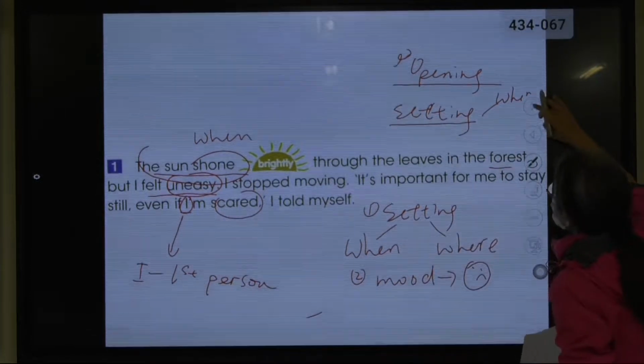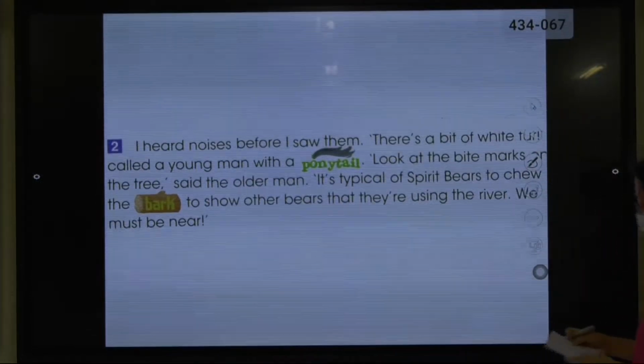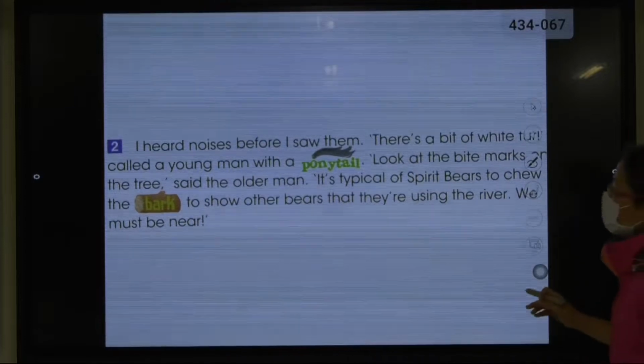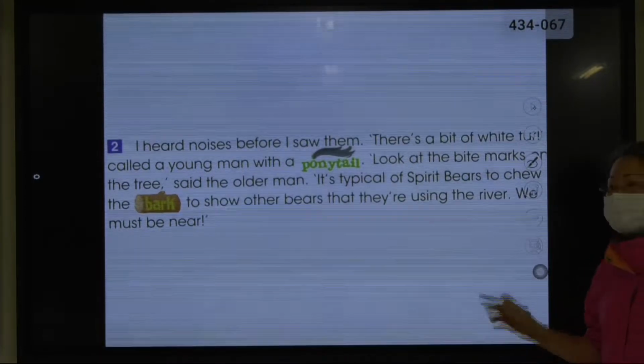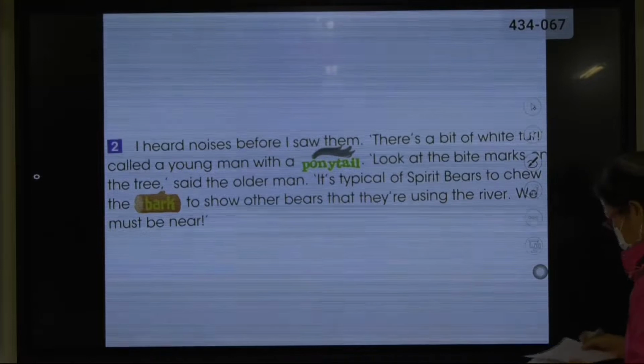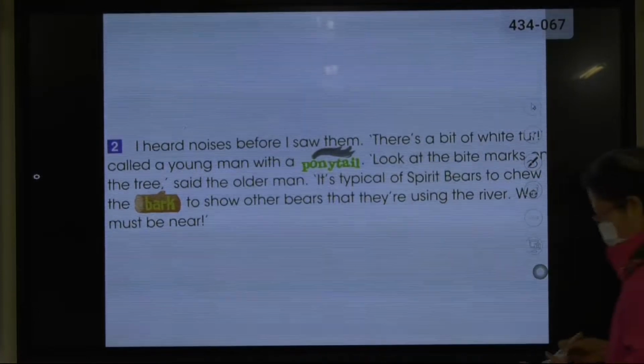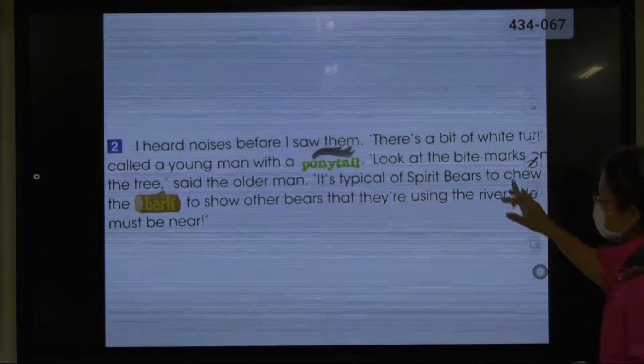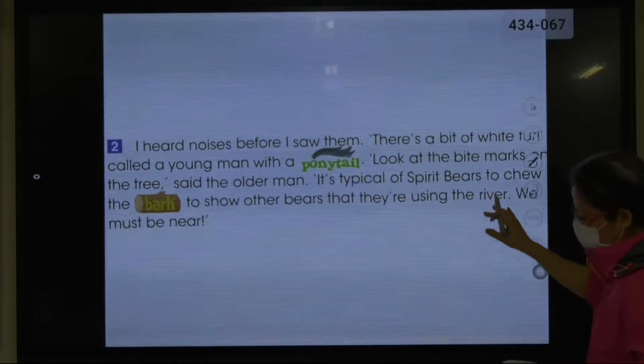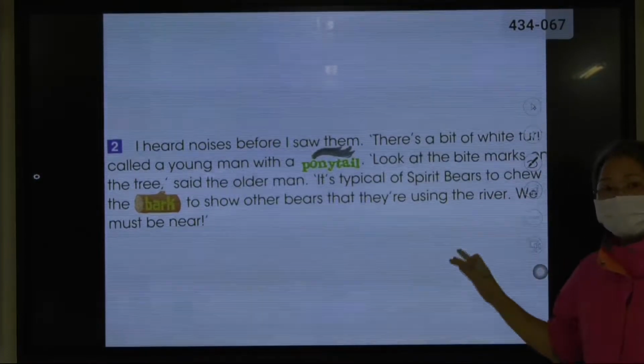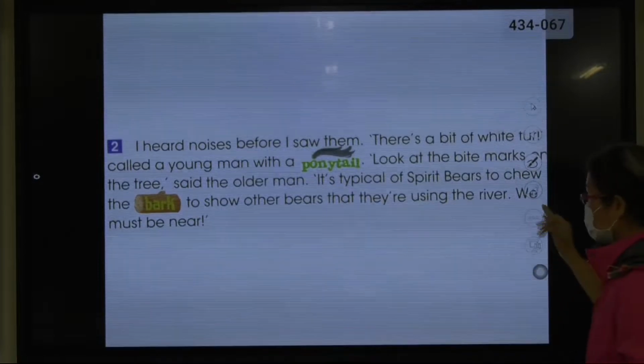And then, let's go to paragraph 2. Paragraph 2 and 3 is the main body of the story. It tells you the problem the character faced in the story.